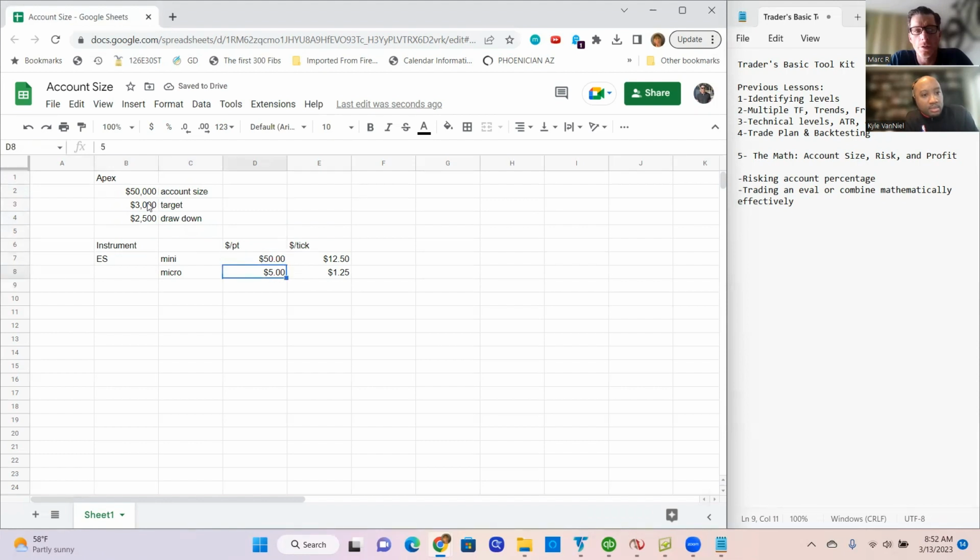So you don't want to risk too much per trade. It's kind of common practice, let's say, to not risk any more than 1% of your account. Some people say 2%, some people push as far as 3%.